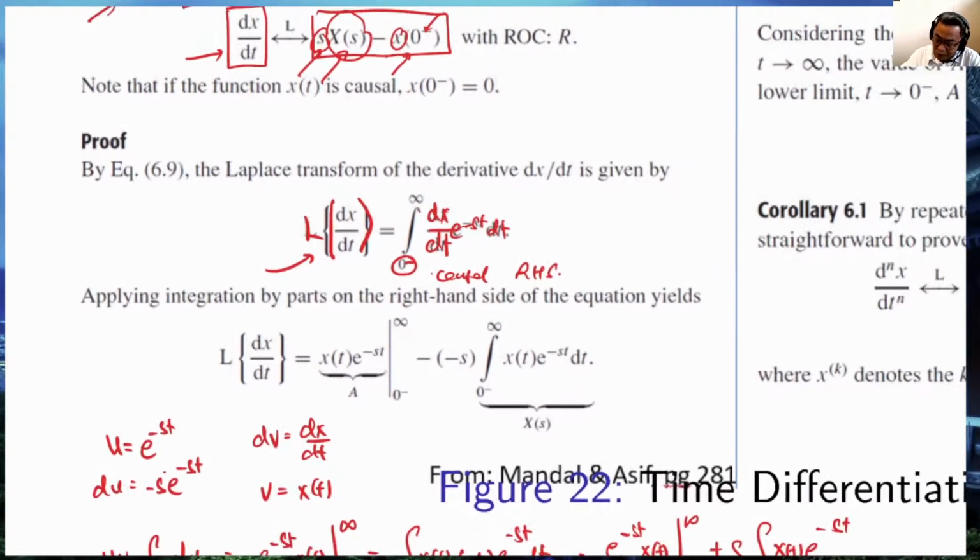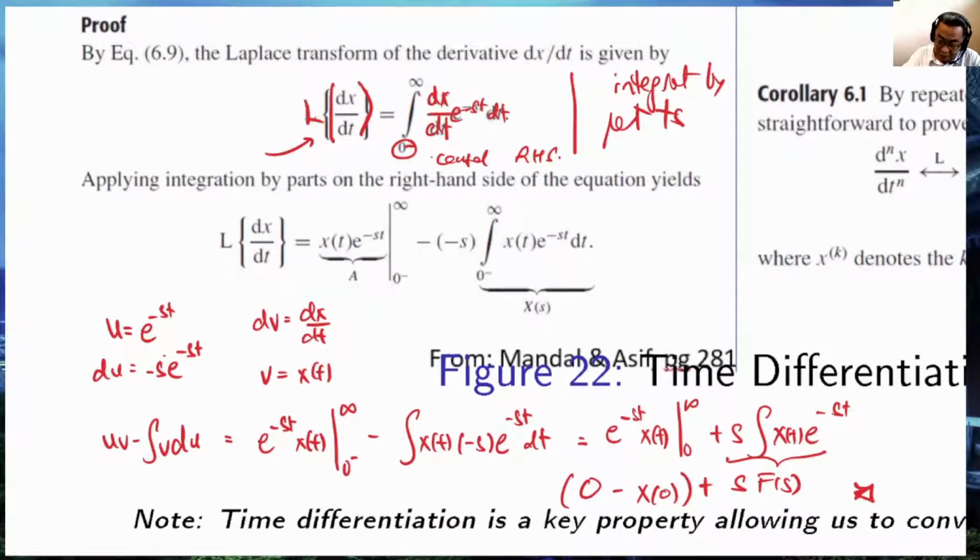Now, when you reach here, to proceed you must know something called integration by parts. In integration by parts, you have to determine your u and your dv. I can tell you now that your u should be e^(-st), and this is your dv.